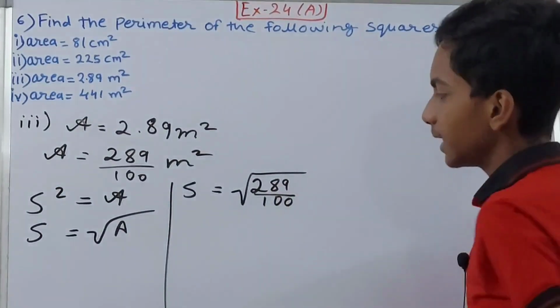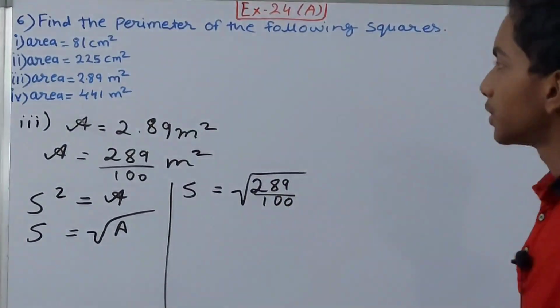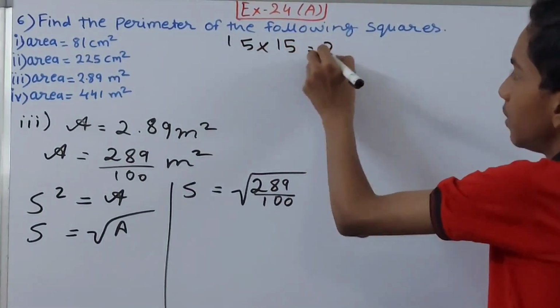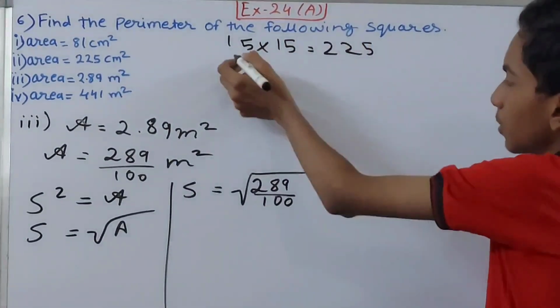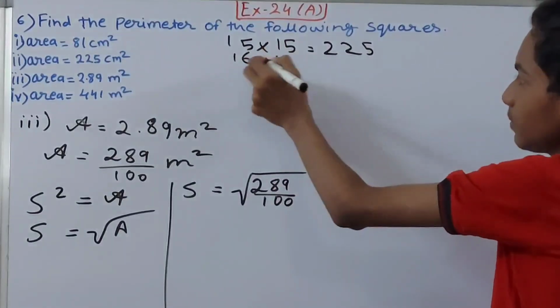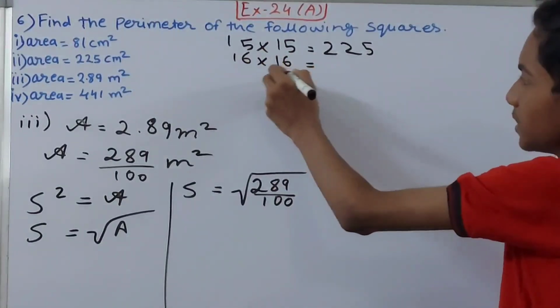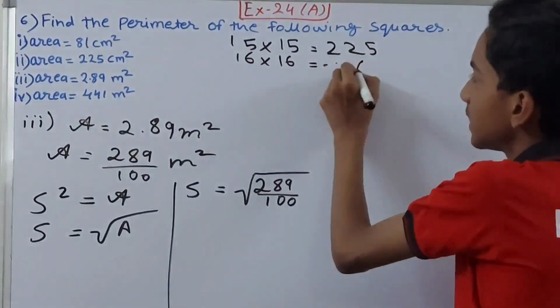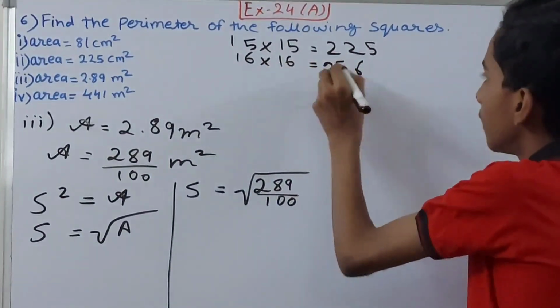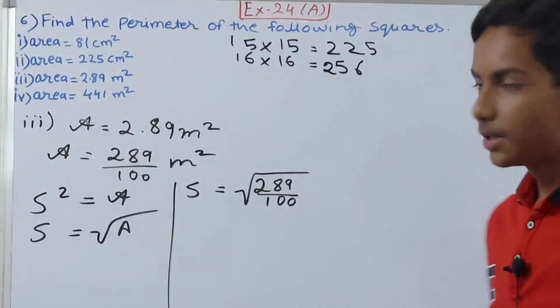So 289, see by which number 289 goes? We know 15 into 15 is going to be 225, right? So we can try 16 into 16 as well. So what will this give us? This will be 256.